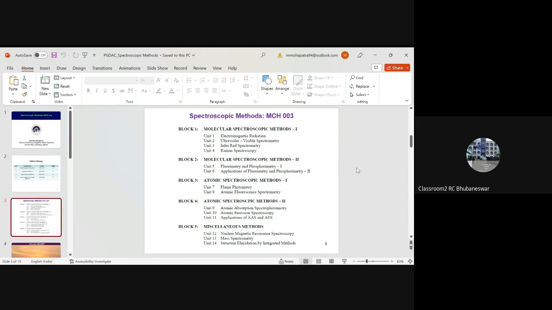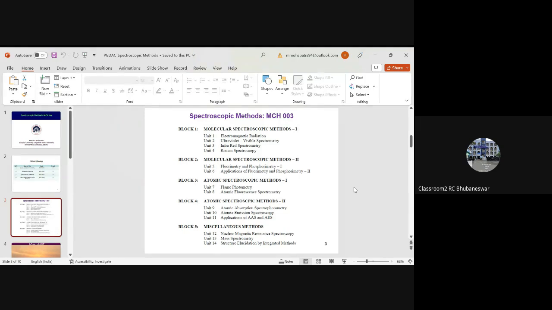fluorimetric techniques and fluorophores. Then atomic absorption, atomic spectroscopic methods, there were completely two blocks on atomic spectroscopic methods, that is flame photometry and flame atomic fluorescence, then atomic absorption, emission, difference and applications of AS, AES.